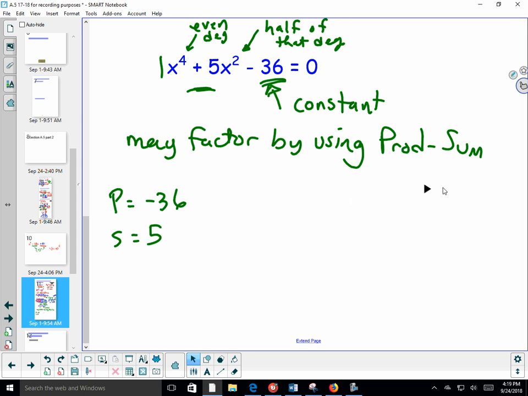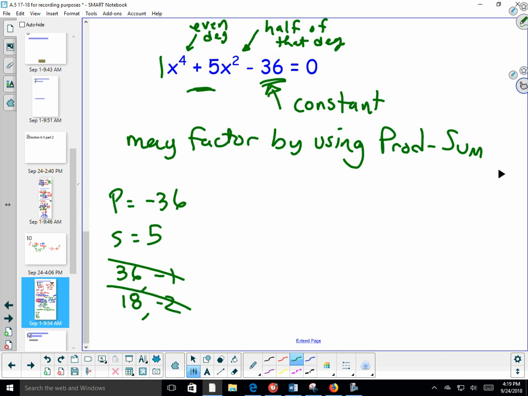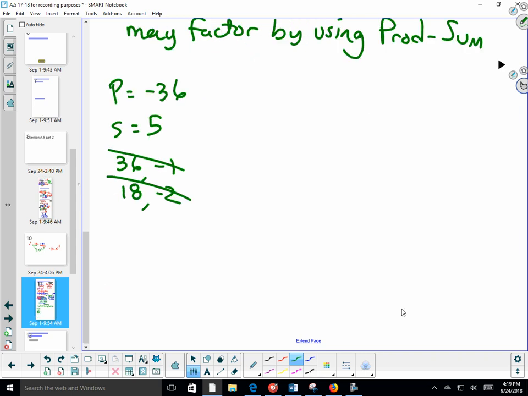Okay, let's see. 36 and negative 1, nope, that adds up to 35. 18 and negative 2, nope, that adds up to 16. Let's see, 3 goes in 12 times, nope, that adds up to 9. 4 goes in 9 times. I think that's our winner. So I want 9 and negative 4.